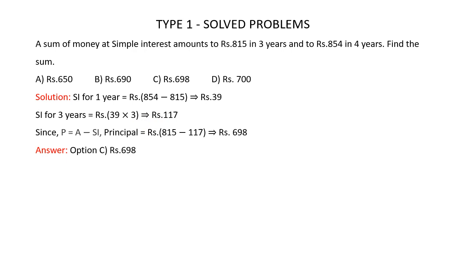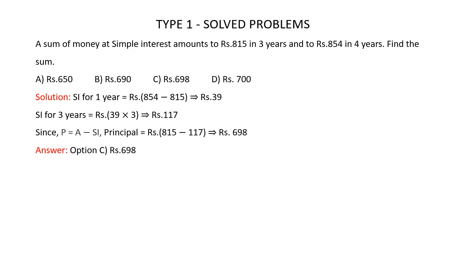So now we know that simple interest for 3 years is rupees 117, and it's given that the amount for 3 years is rupees 815, and we are asked to find the sum, that is the principal. Now we know that principal is equal to amount minus simple interest.